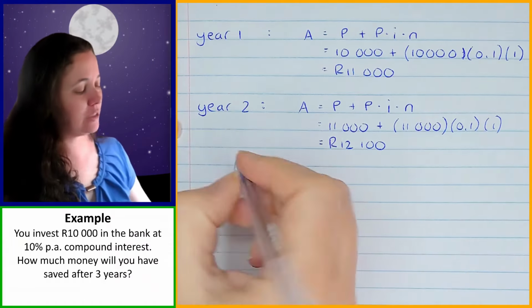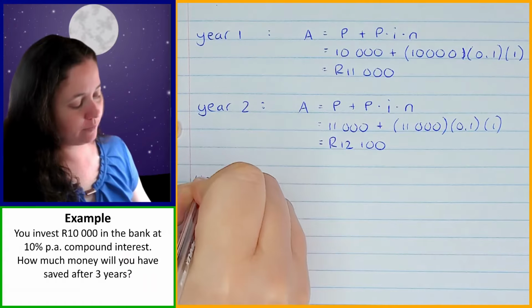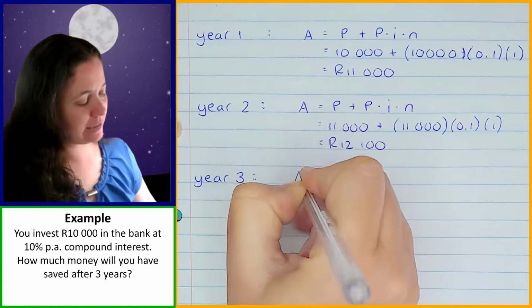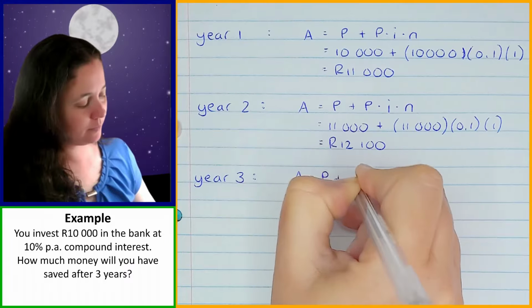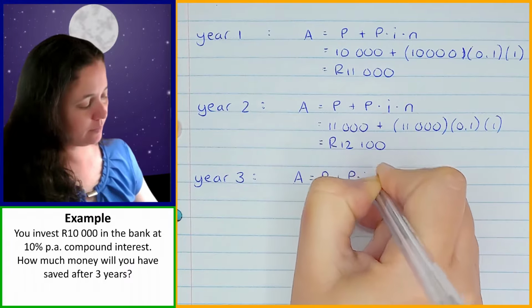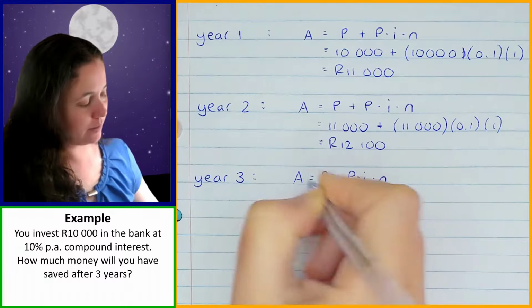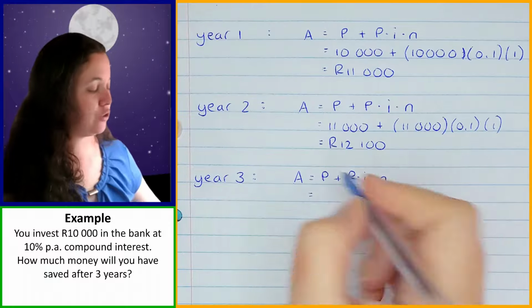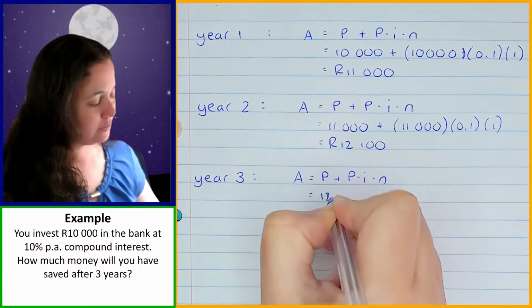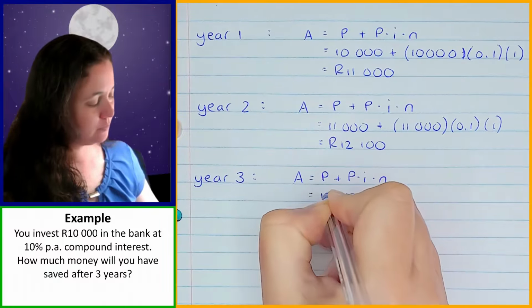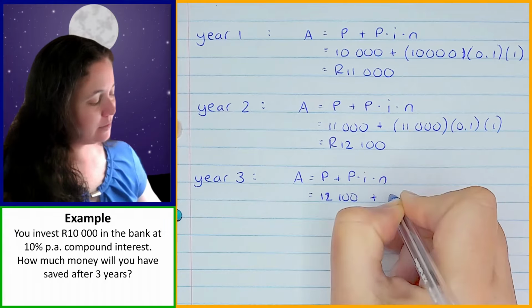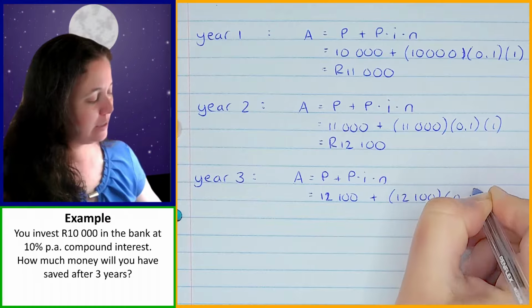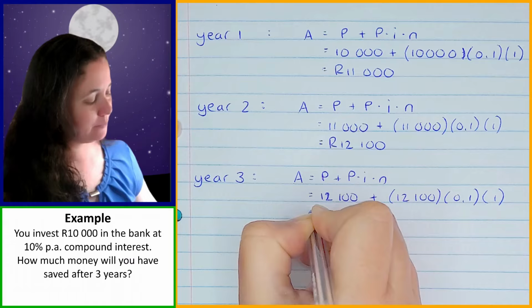Okay, now let's work out year 3. Doing the exact same thing, but now my principal amount is going to be this 12,100. So I have 12,100 plus 12,100 multiplied by 0.1 multiplied by 1.